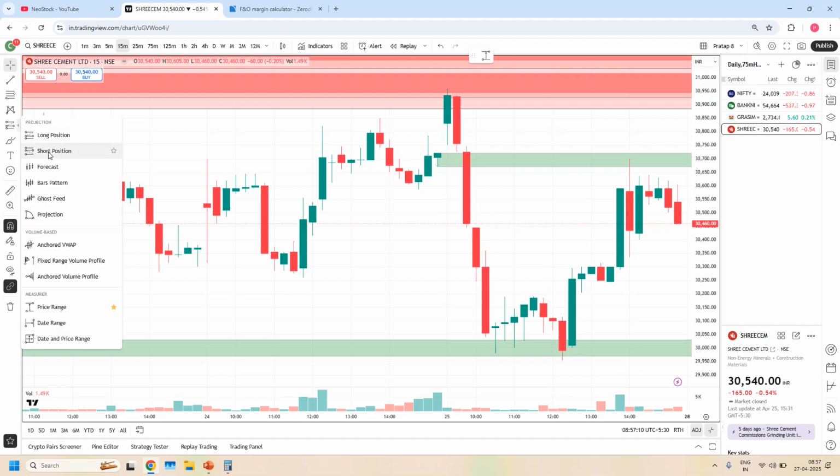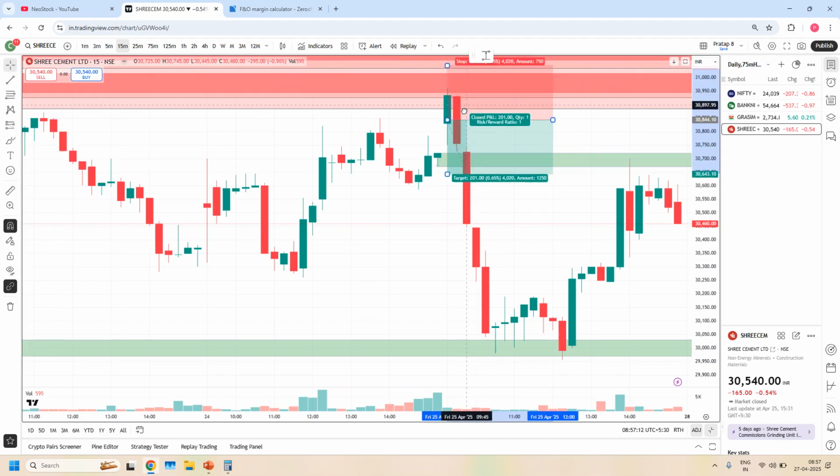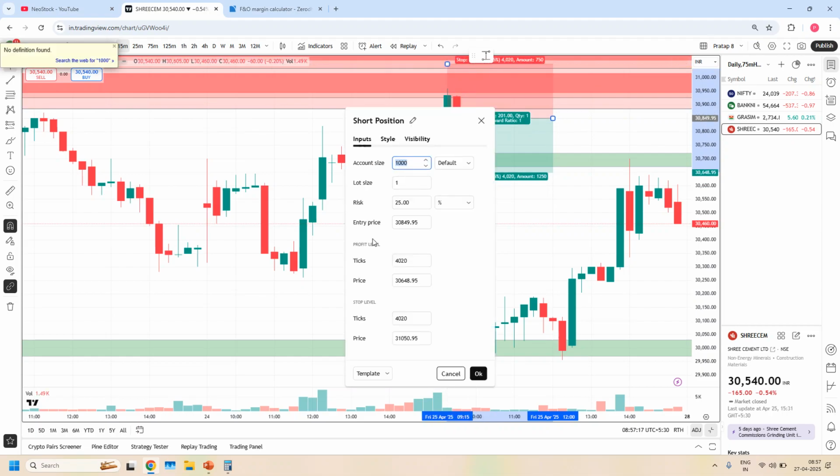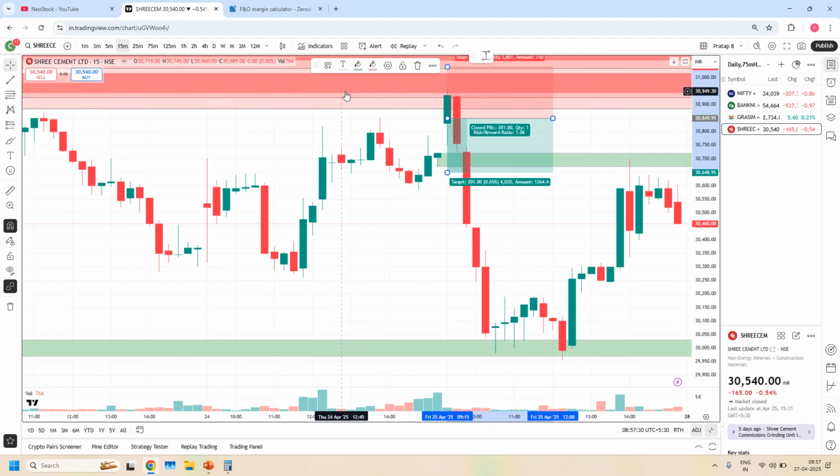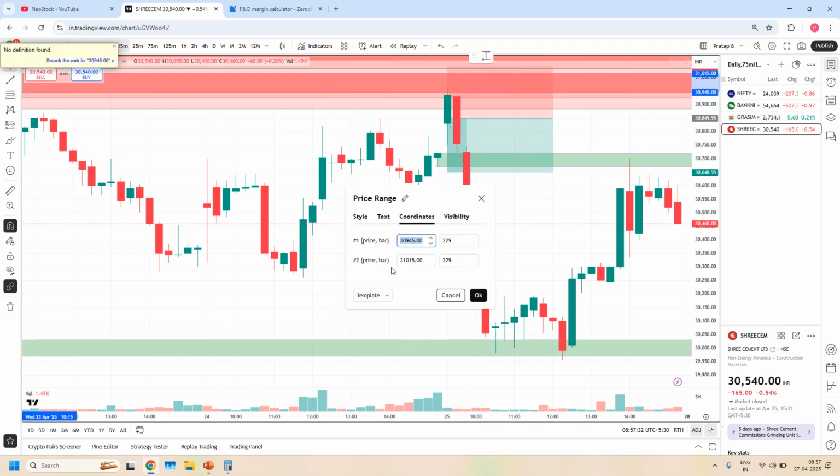I have to select the short tool, because that is showing the wrong values. 31,040 is our stop loss. And your entry is 30,945.